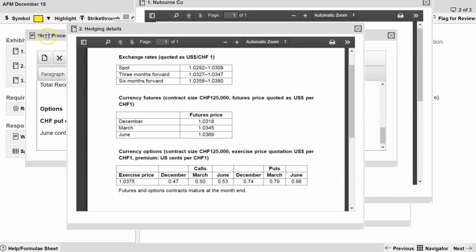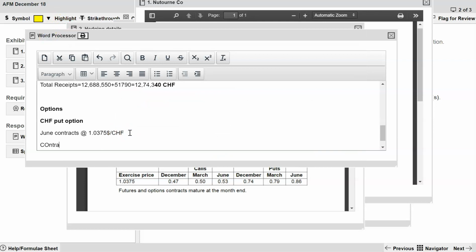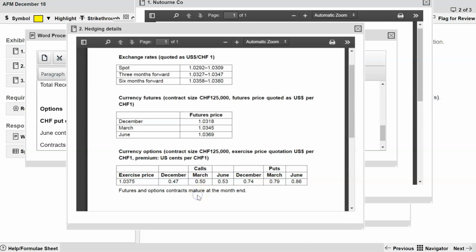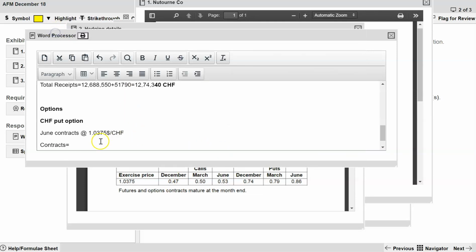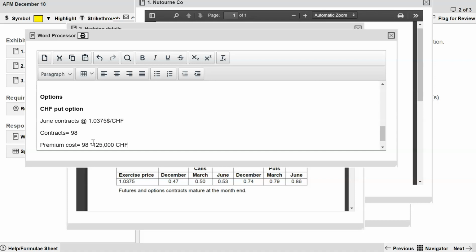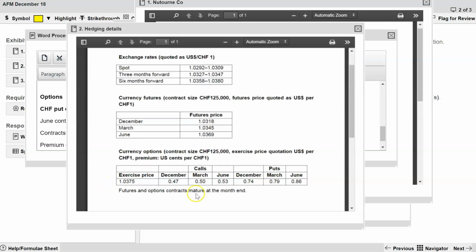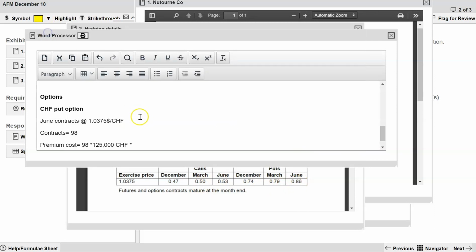Now calculate the number of contracts. Check: if the contract size is the same, the number of contracts will be the same. I think that was 98 contracts. Now calculate the premium cost. That is number of contracts, 98, times contract size, times premium. The premium for the put option June contract is 0.86 cents over CHF.